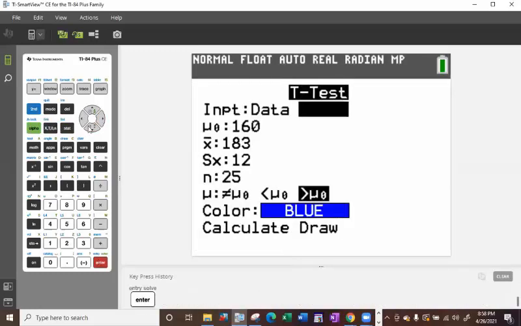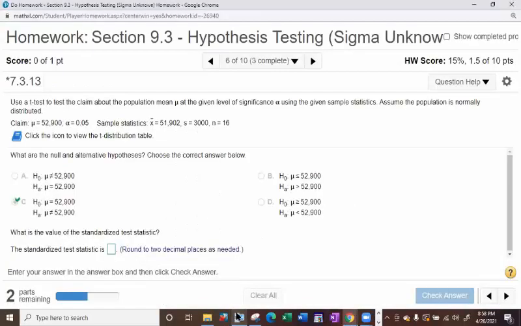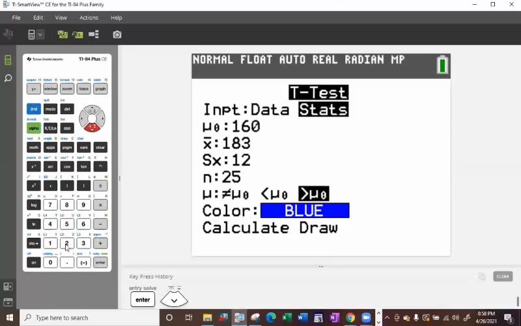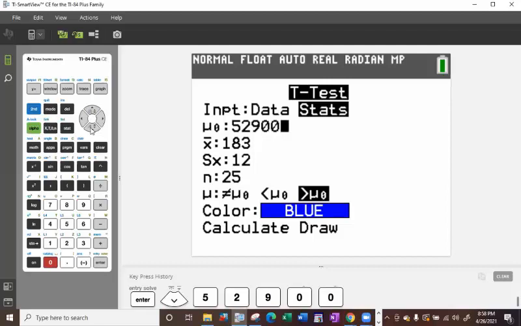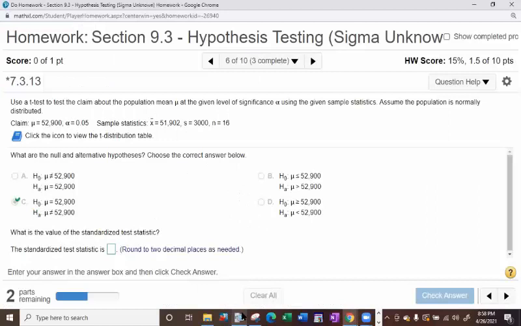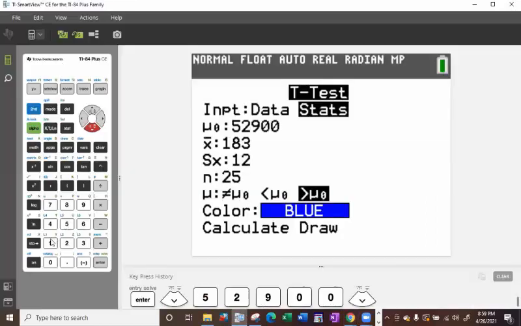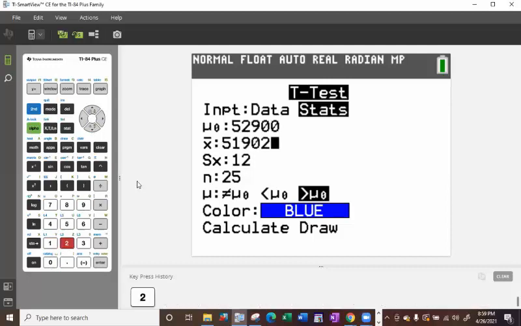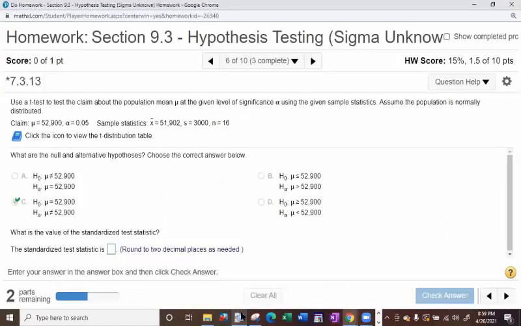The calculator is our best friend in this class, isn't it? $52,900. 51,902. Standard deviation, 3,016.